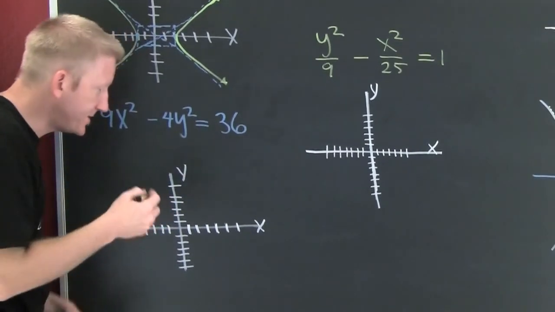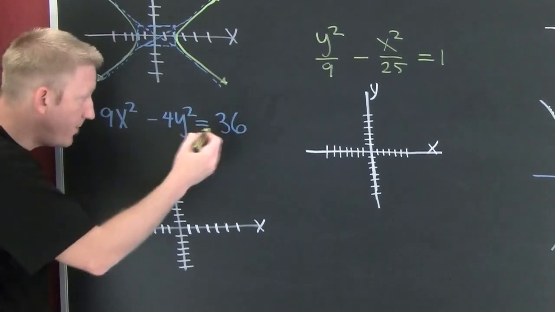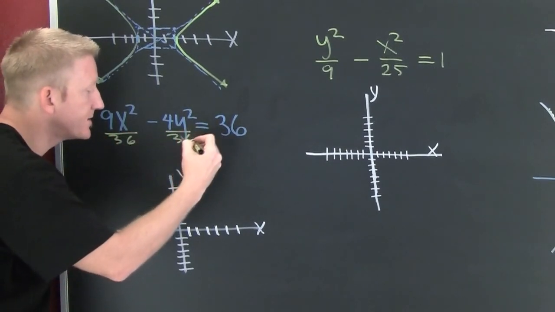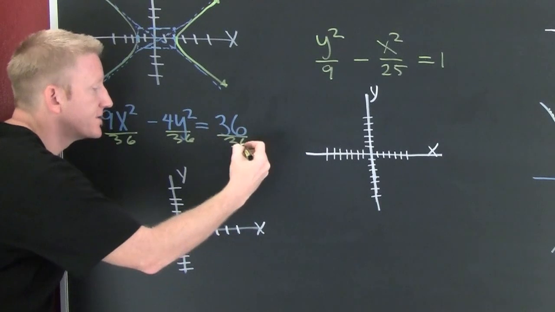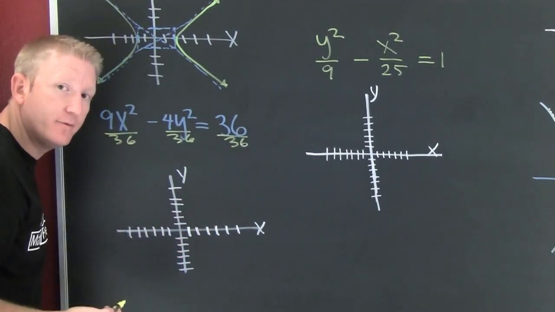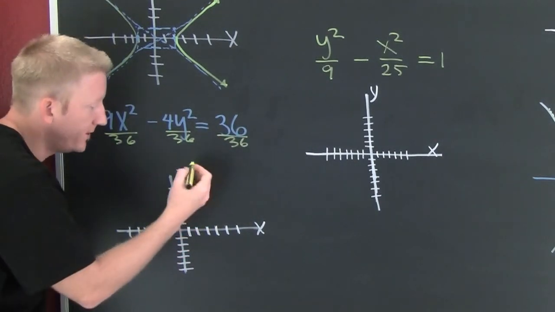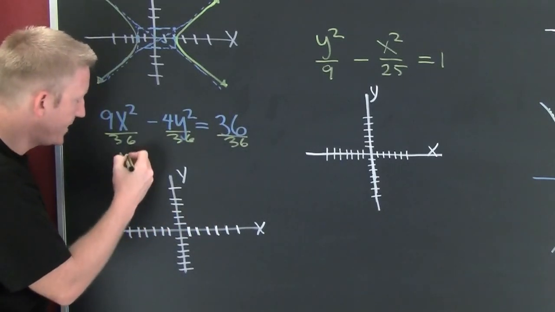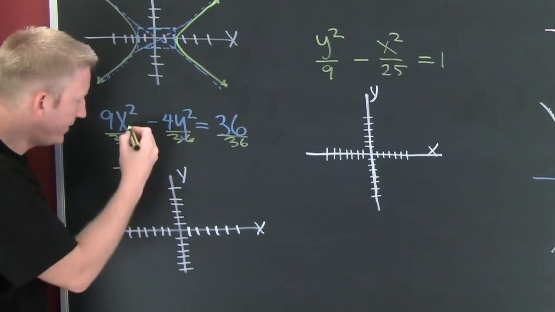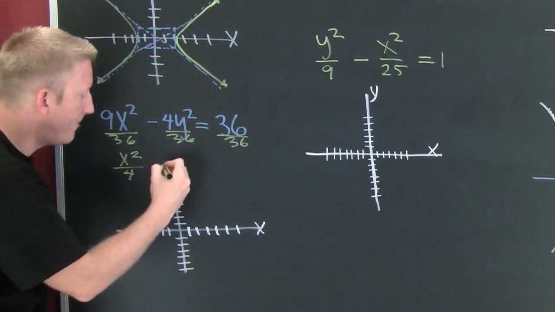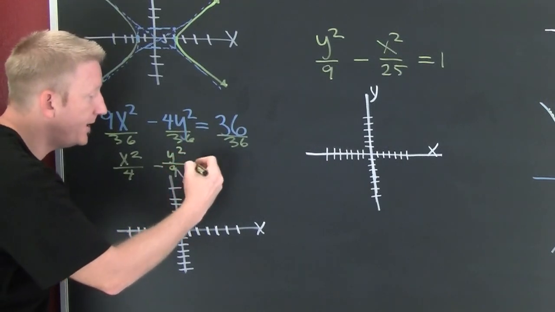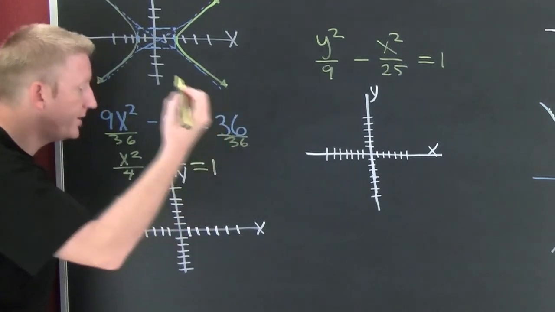We have to get this in standard form. So I'm going to divide everything by 36, by 36, by 36. Why? Because the standard form of a hyperbola is equal to 1. So then this is x squared over 4 minus y squared over 9, and that's equal to 1.